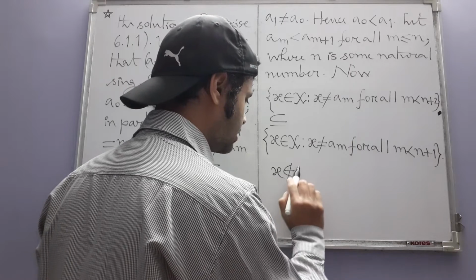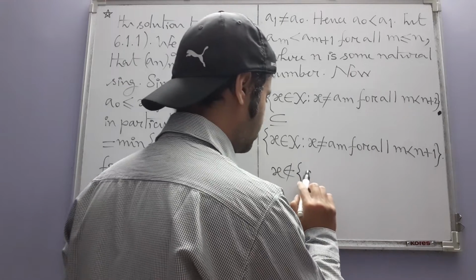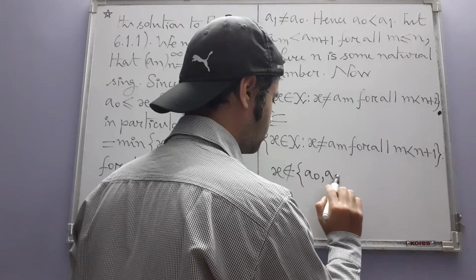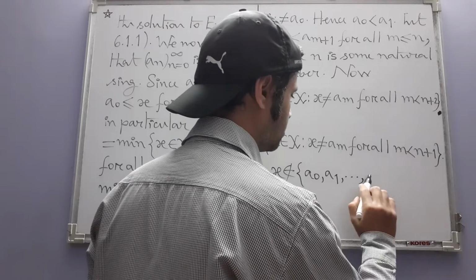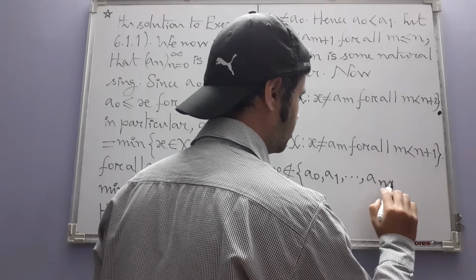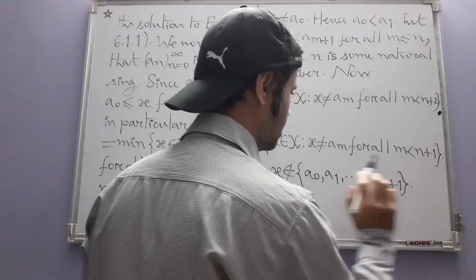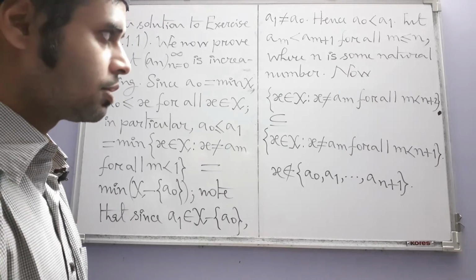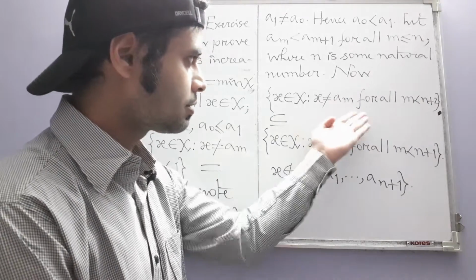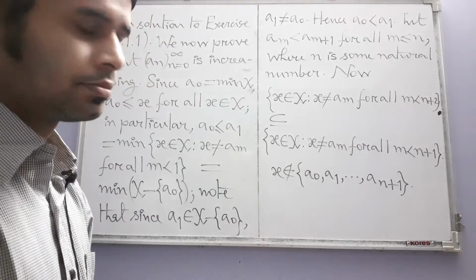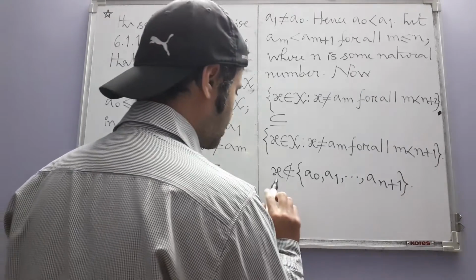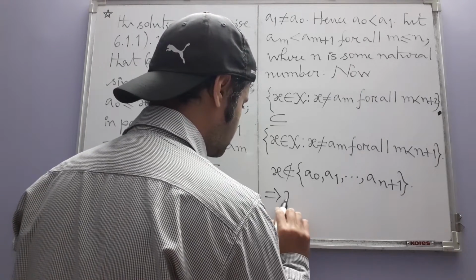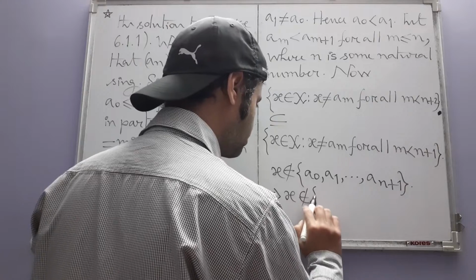That means x does not belong to a0, a1 and so on, a n plus 1. Okay, because x is not equal to such ai's. But then this implies x also does not belong to this subset.